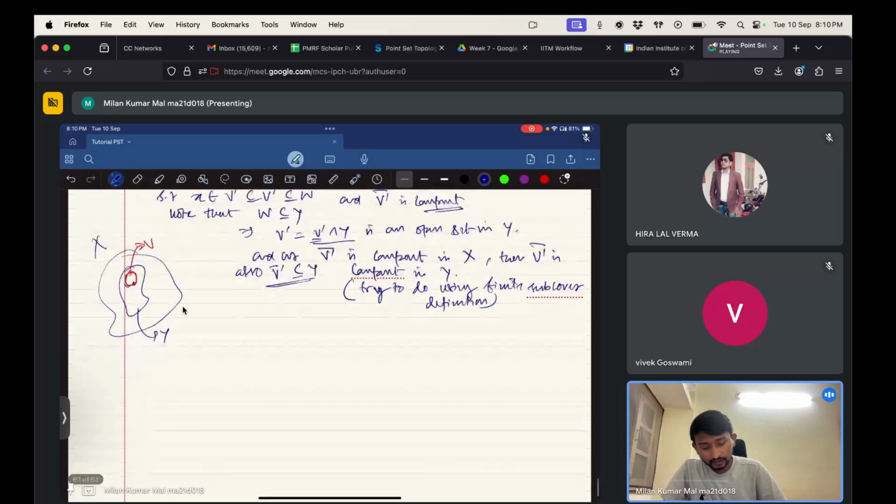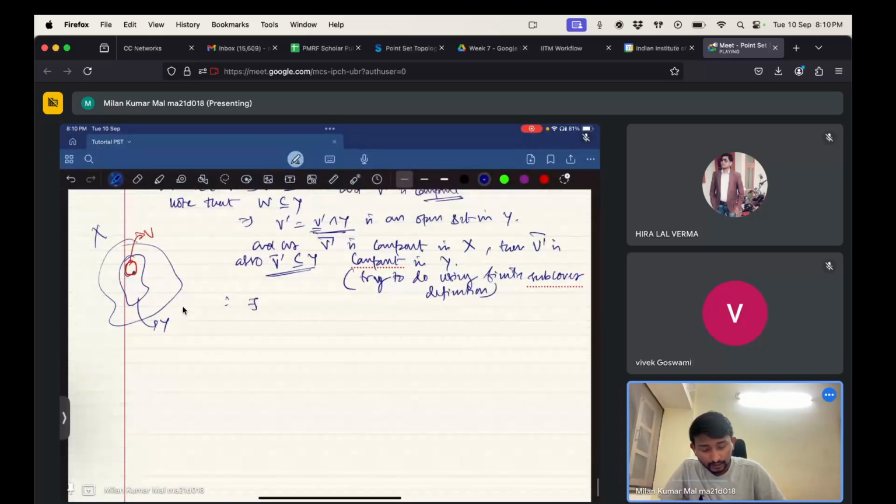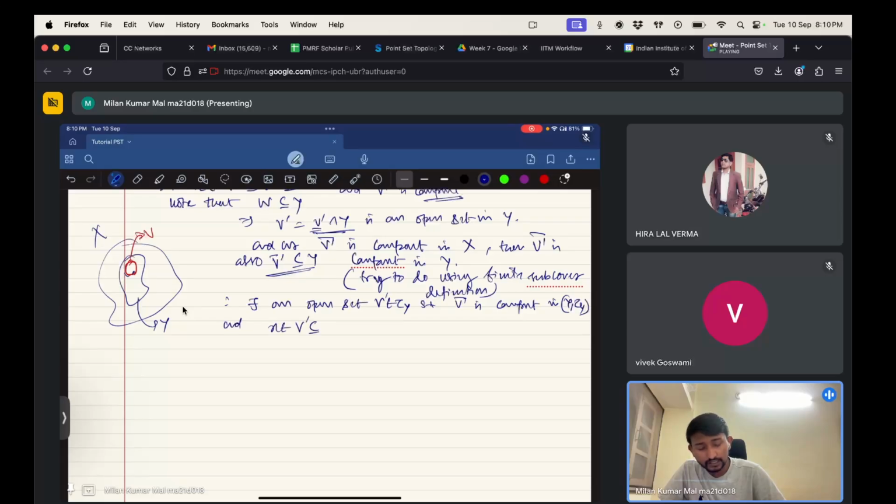So we already get the point: whatever this open set is, V dash bar is compact. So there exists an open set V in tau Y such that V dash bar is compact in Y, and X belongs to V, a subset of V dash, which is a subset of V dash bar, which is a subset of W. That means Y is locally compact.